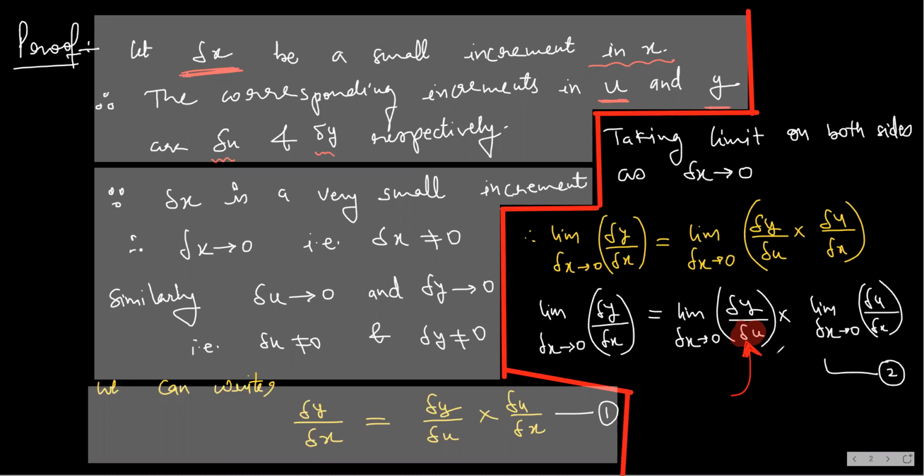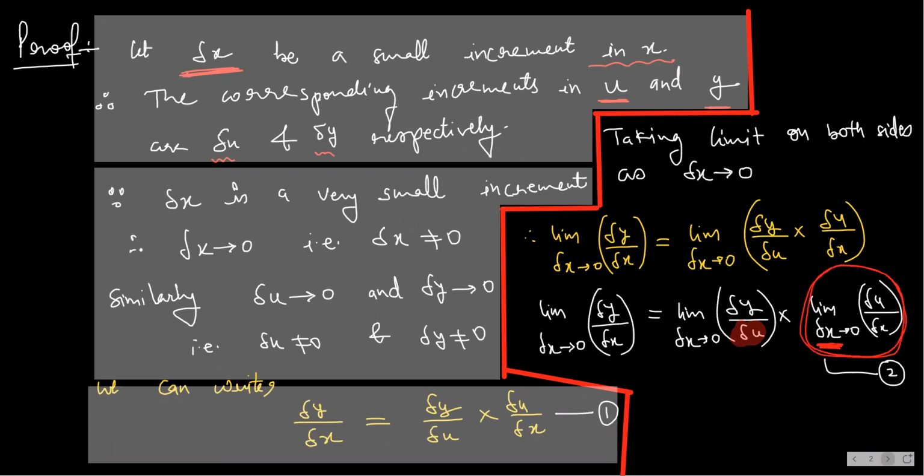we have done that if you have delta u by delta x and delta x tending to 0, then this will be du by dx.